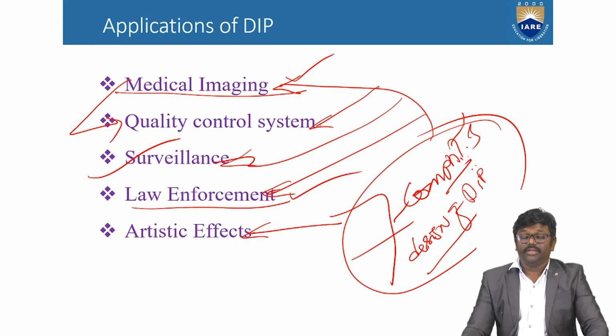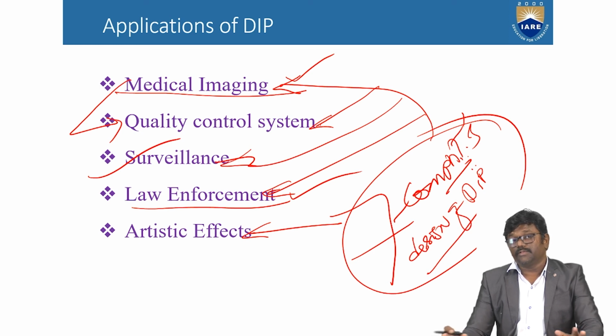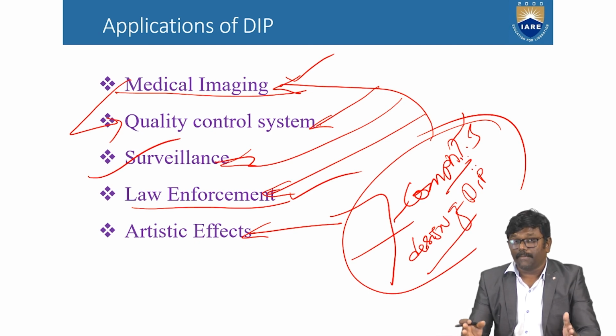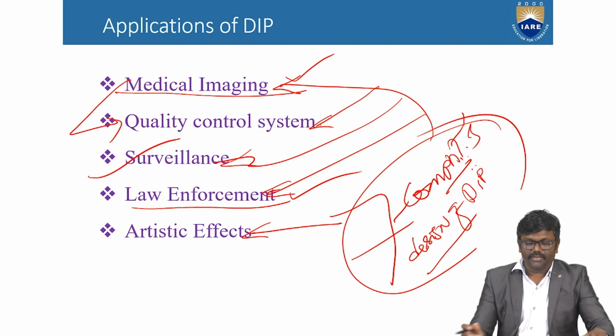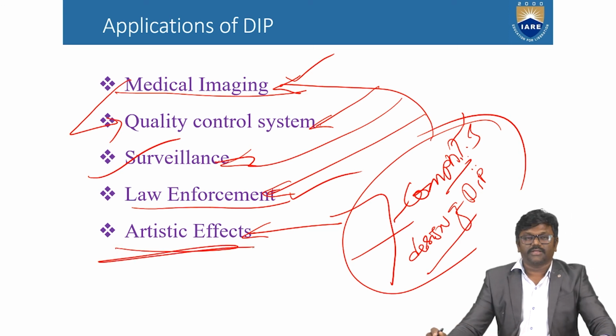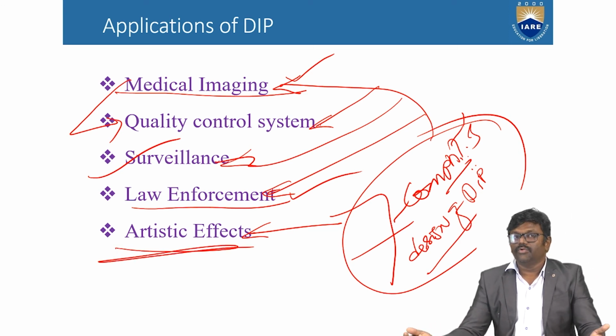Obviously, everyone learning digital image processing is especially learning to move their knowledge from one application to another. Especially if you go to artistic effects, that means movie artists, these 7 components always play a vital role.